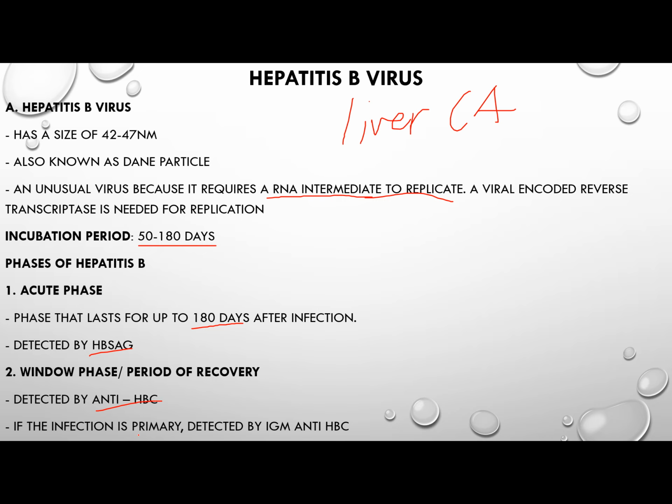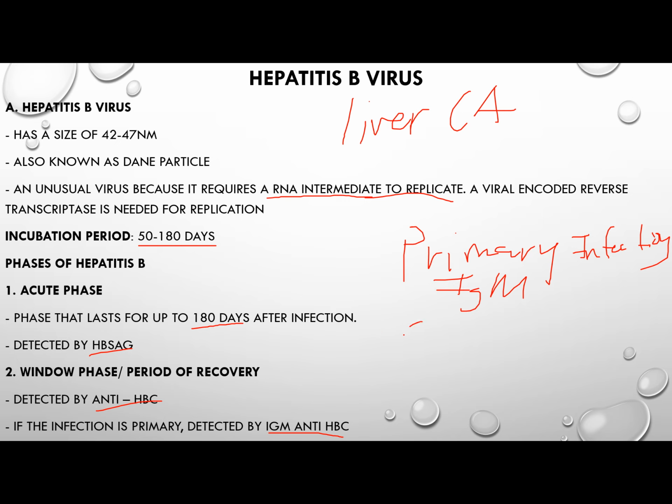If the infection is primary, it is detected by IgM anti-HBc. Naalala nyo class sa immunosero nyo, di ba? If it's a primary infection, the antibody associated with this would be your IgM. So primary infections would usually be at the beginning, kakastart lang.